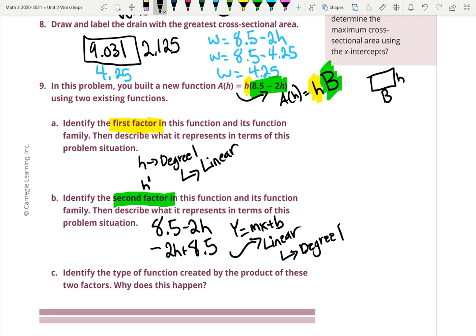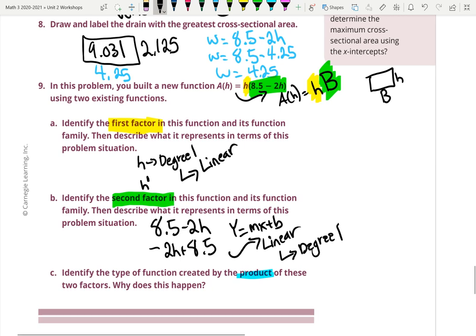Identify the type of function created by the product of both of these. The product is when I multiply both of those together. So what happens when I multiply h and 8.5 minus 2h? Well, let me figure out. I'm going to go ahead and take this and rewrite it in standard form. And I'm going to distribute.